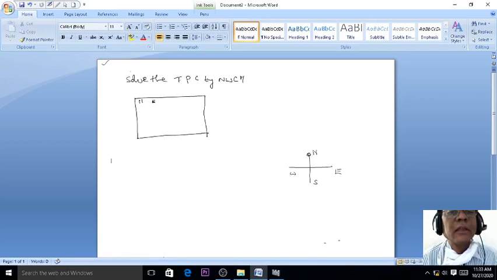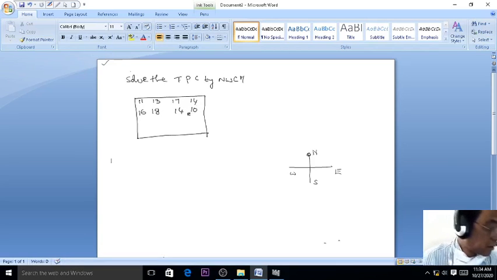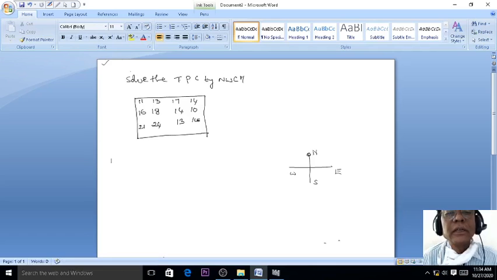So what is the problem here? Row wise: 11, 13, 17, 14; next 16, 18, 14, 10; and 21, 24, 13, 10. This is the demand and this is the supply.